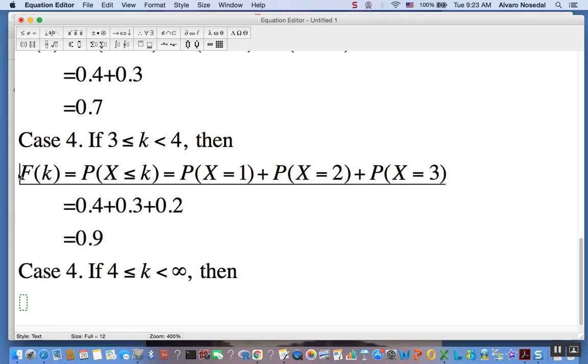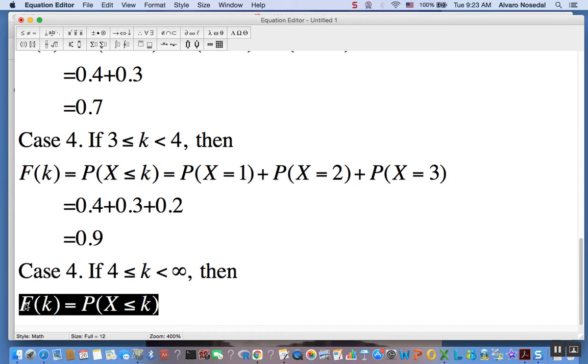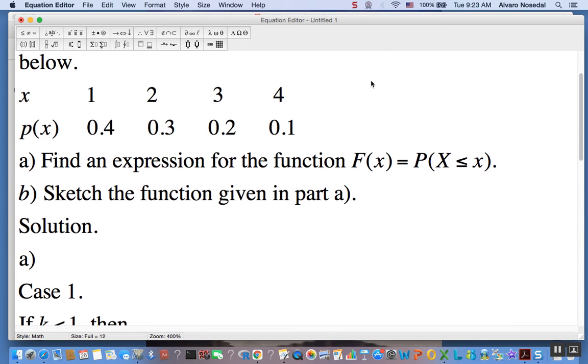So again, let's use the definition of uppercase F. And again, if, say for instance, k was 6, we have a 4-sided die. What's the probability of rolling something that is less than or equal to 6?